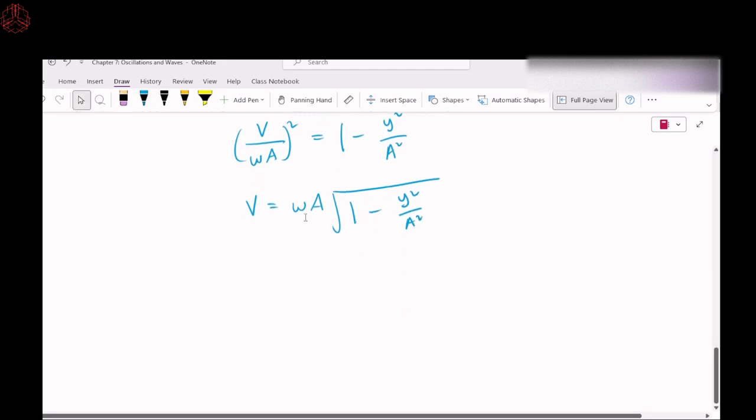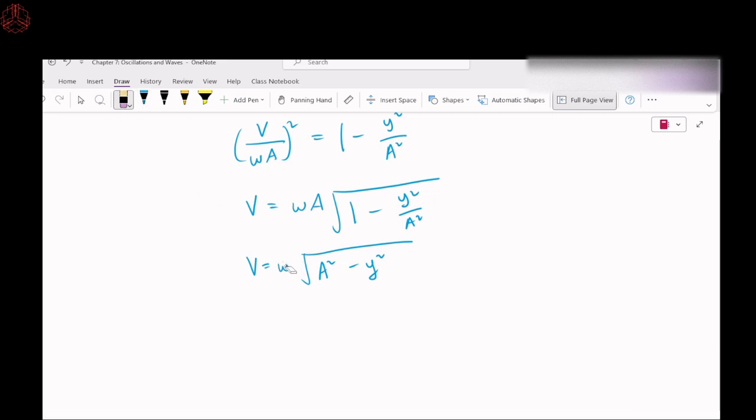I can further simplify this by multiplying into the square root. I have v equals omega times the square root of A squared minus y squared.